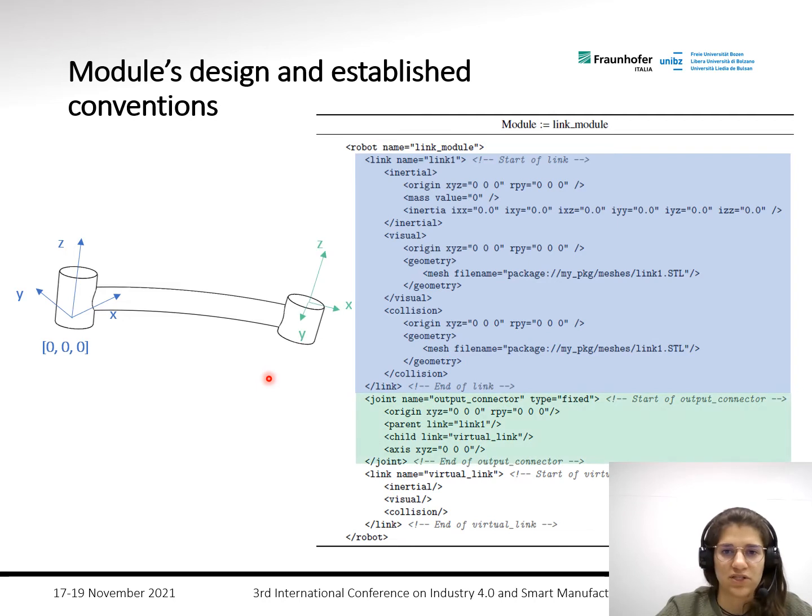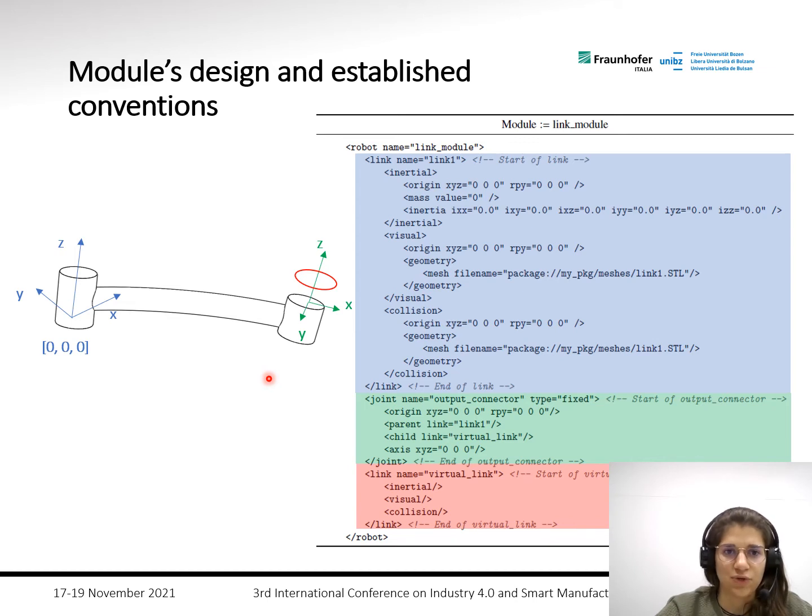But we want to store this information, otherwise we cannot perform a further connection with the next module, for example. For this reason, in order to also store the kinematic properties related to the output connector, we introduced a virtual link, which is a simple link, in this case a disk of negligible mass and geometry, but it is also deleted in a second step.